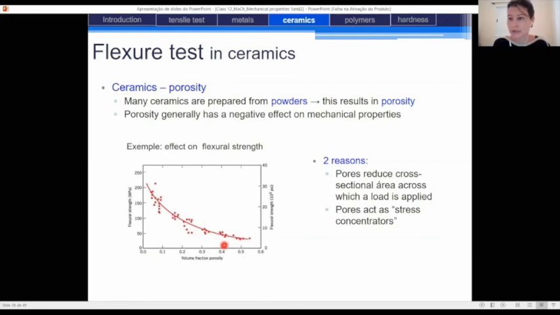So if we increase the volume fraction porosity, we decrease the volume of matter, and so we decrease the cross-sectional area to which the load is applied in our sample. And also, pores act as stress concentrators. For these two effects, we have a negative effect of the porosity on mechanical properties.